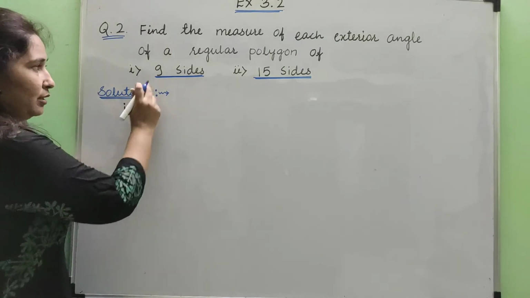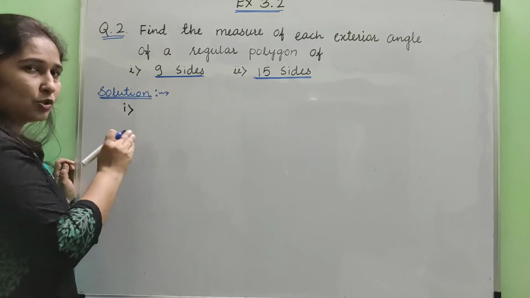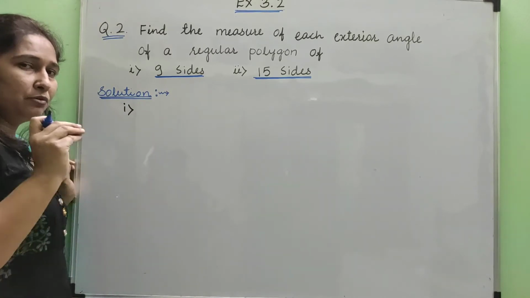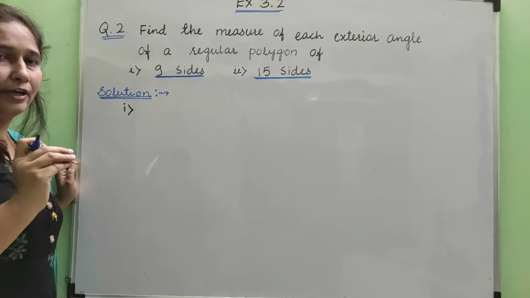For the first one, they have given number of sides 9. So what are we doing now? We are going to find the exterior angle of a 9-sided regular polygon.